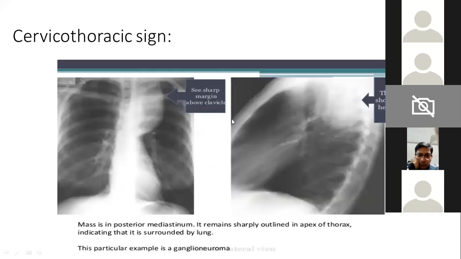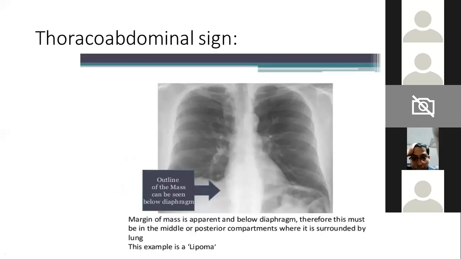This is another example of a cervicothoracic sign, taken from one of the articles. Sharp margin extending above the level of clavicle. Not only should the mass extend above the level of clavicles, the margin should be sharp. Please remember, otherwise it can even be a neck mass. It has to be lined by air, at least at the margin, like lined by the lung.